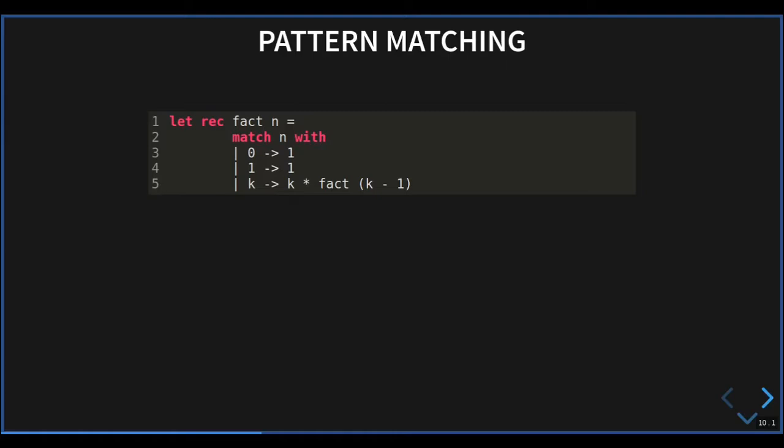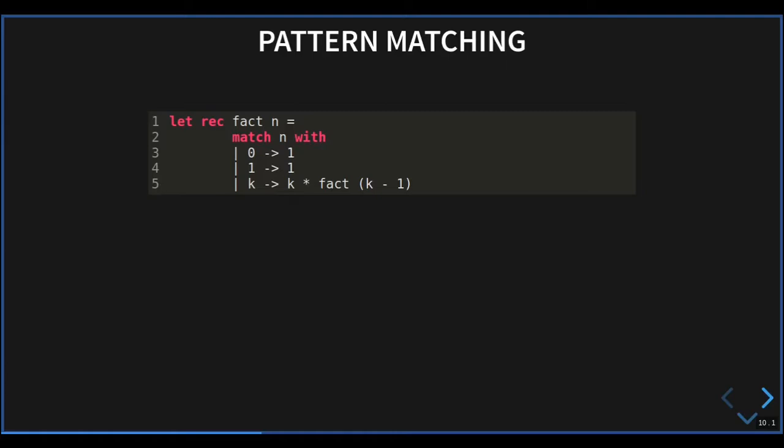And the third pattern is a bit different because it doesn't check for a specific value, but instead it introduces a variable k, and we didn't have variable k introduced earlier, so this variable will be created here and will always be equal to n.